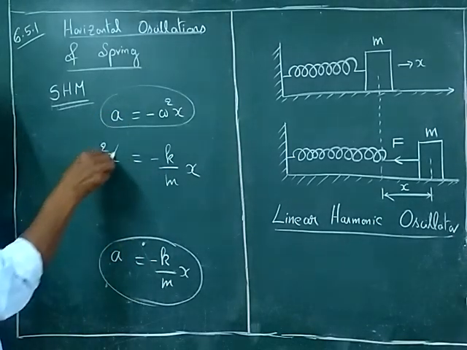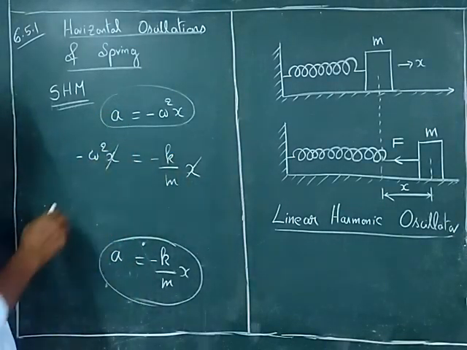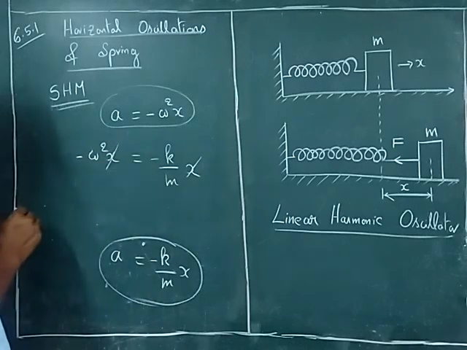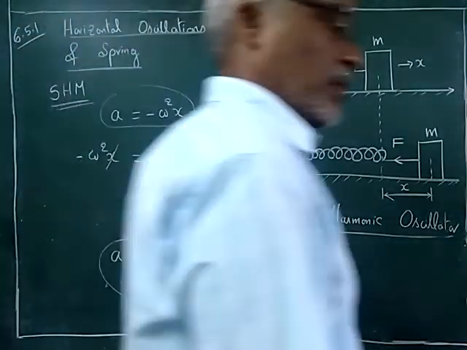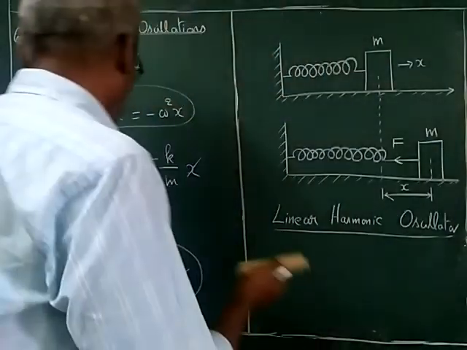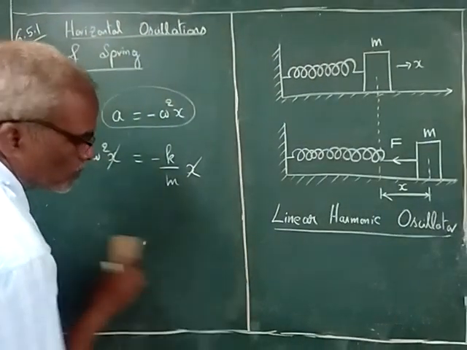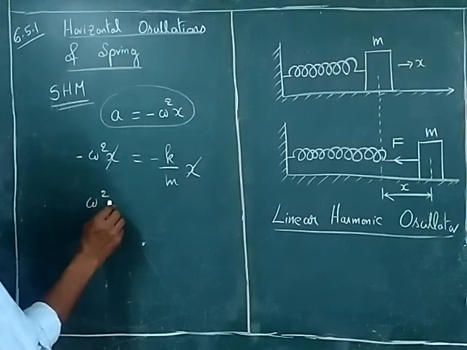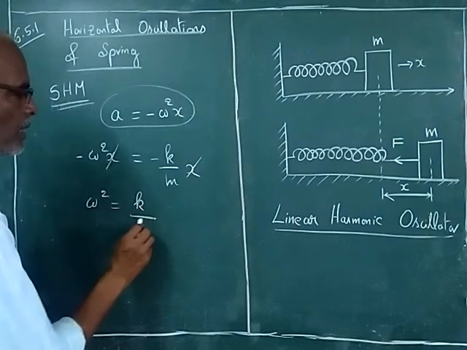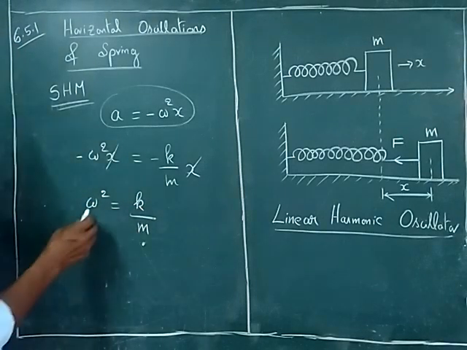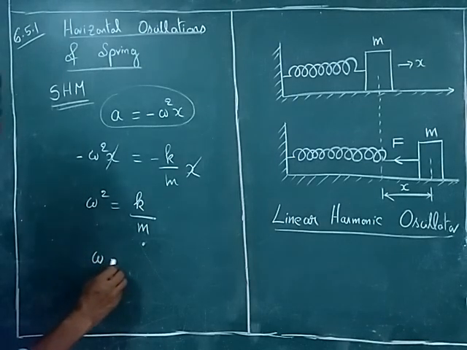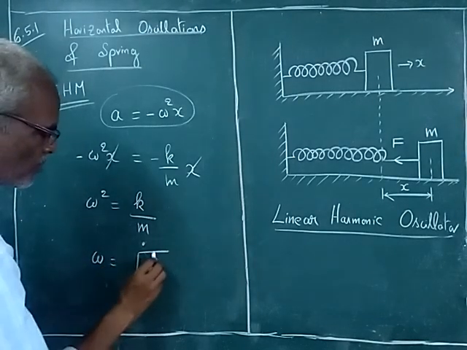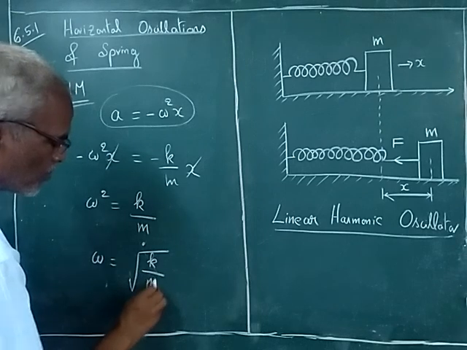This x and this x get cancelled, the minus sign gets cancelled, and therefore we have omega square is equal to k by m. Now, omega is equal to square root of k by m.